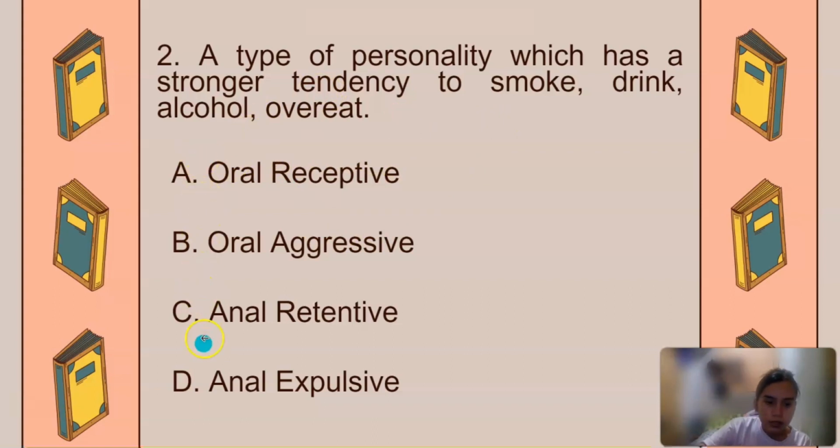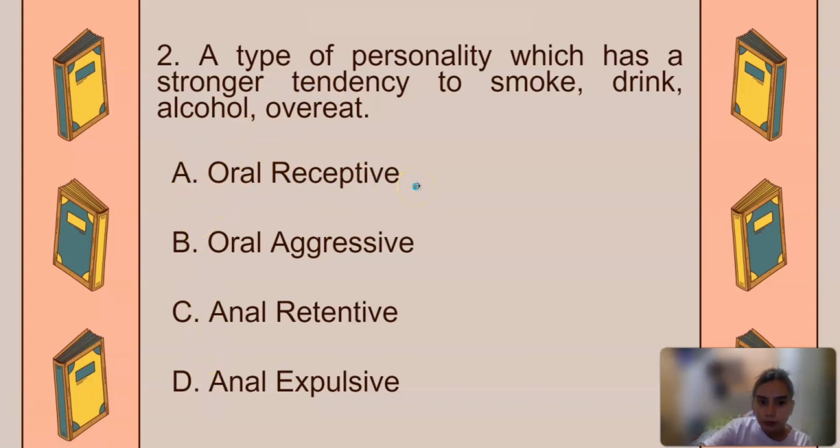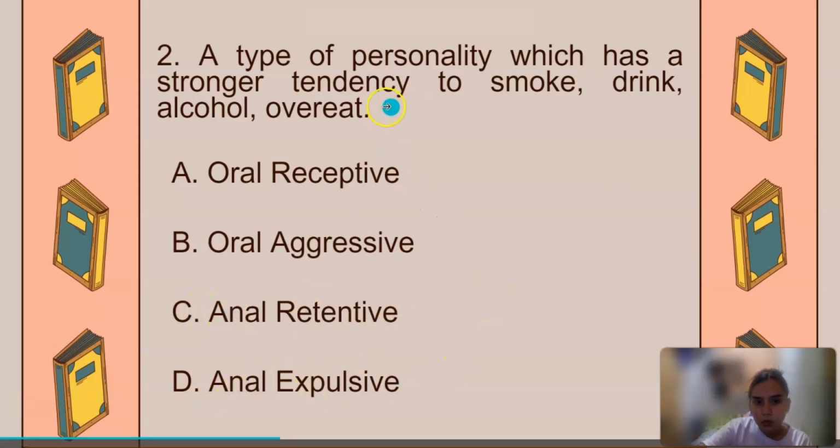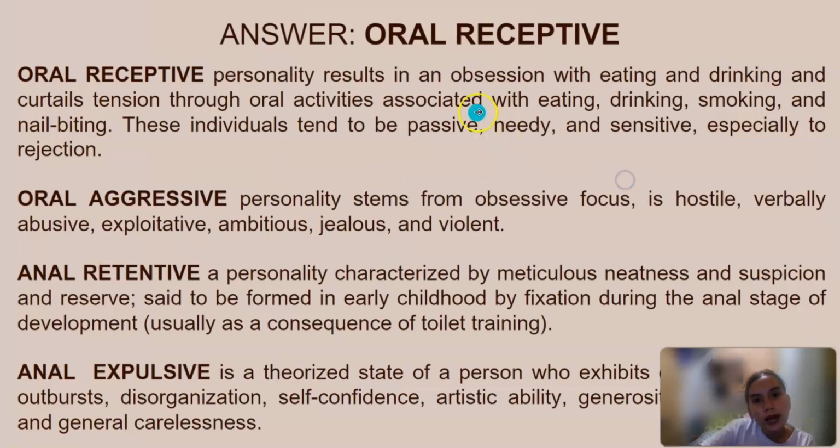So the choices, we have 4. A is for oral receptive. Letter B, oral aggressive. Letter C, anal retentive. And D, anal expulsive. So which one is the correct answer, guys? And the correct answer should be oral receptive.